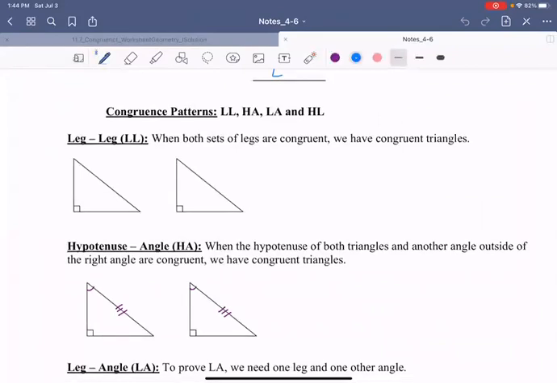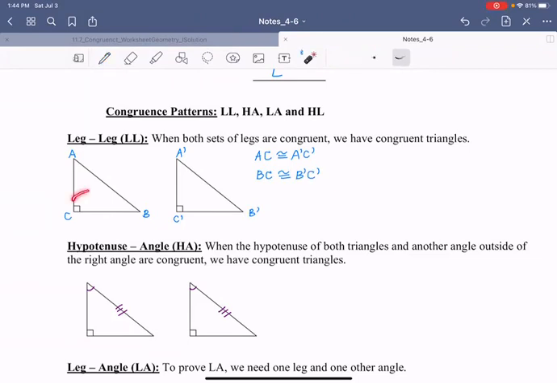Look at this. So I can rewrite this question. Two legs congruent.